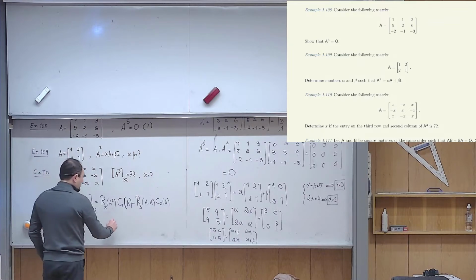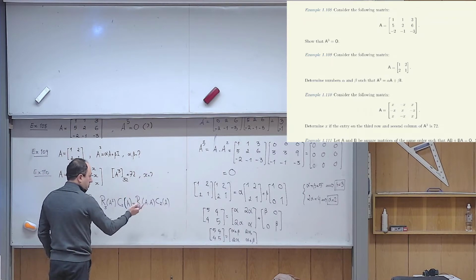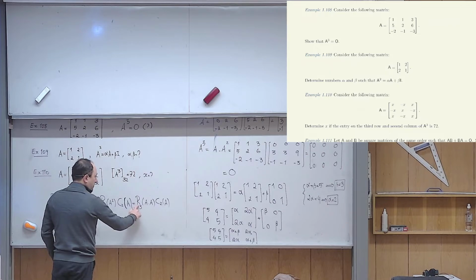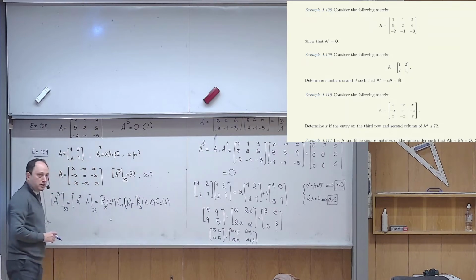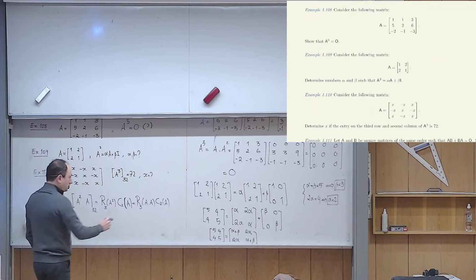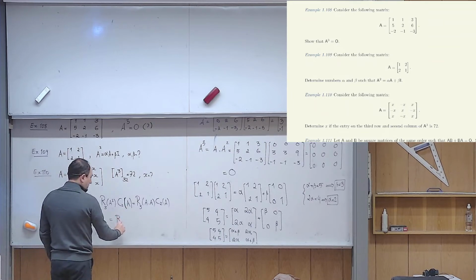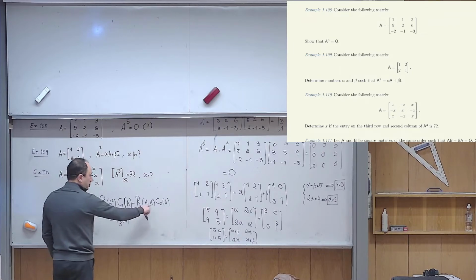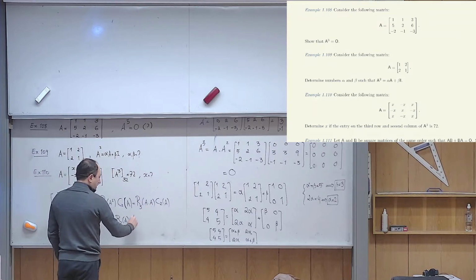Okay, but now can you tell me, I had also another formula, I don't know if you remember. If I am interested only in the third row of a product, what am I supposed to do? I will take the third row of the matrix on the left and multiply it by the entire matrix on the right, and then this.